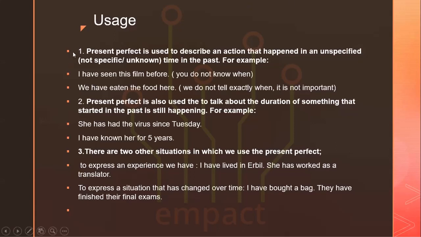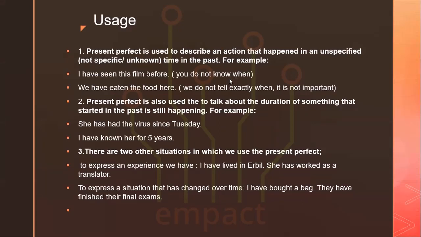Okay, so yesterday we talked about the usage of this tense. The first point we said: whenever an action happened before, without mentioning a specific time, we use this tense to describe that action that happened before right now.